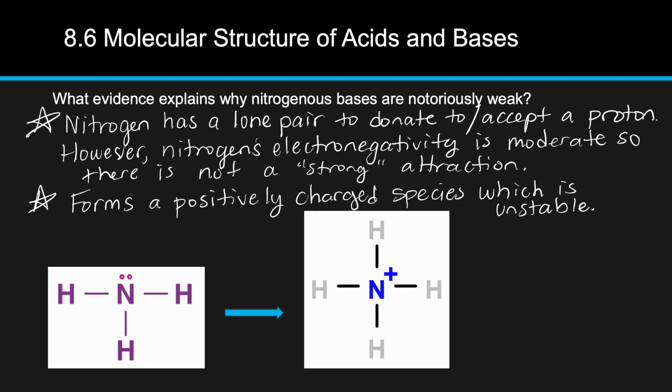So what you need to know about nitrogenous bases is that they are weak because they only partially accept protons in solution, because their lone pair is available but not reactive enough to drive a complete ionization.